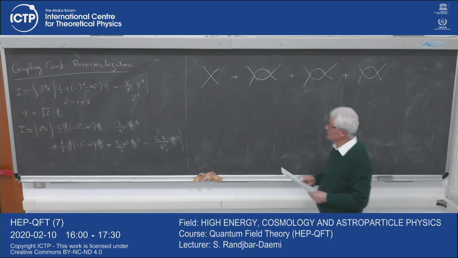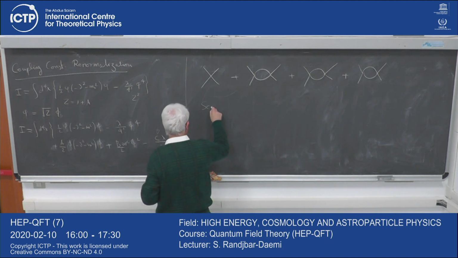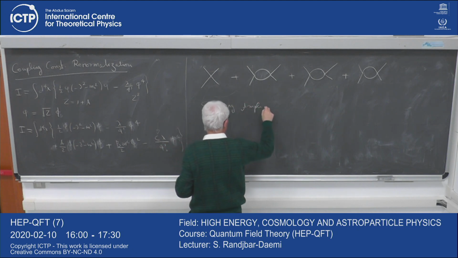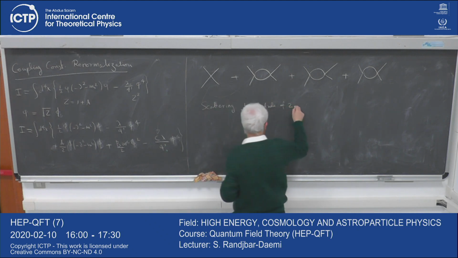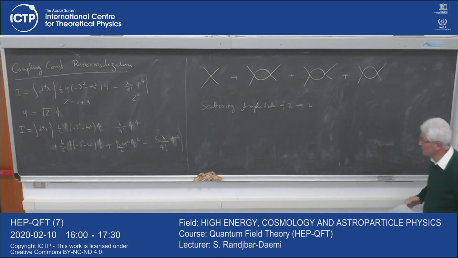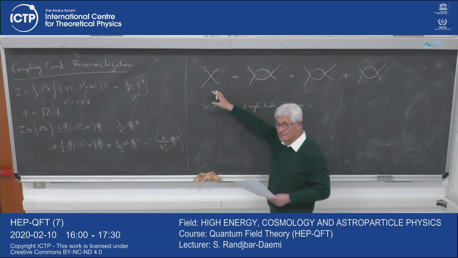If you wanted to calculate the scattering amplitude of 2 to 2, 2 particles coming in and 2 particles going out, the graphs should be identical if you don't say what the external lines are.